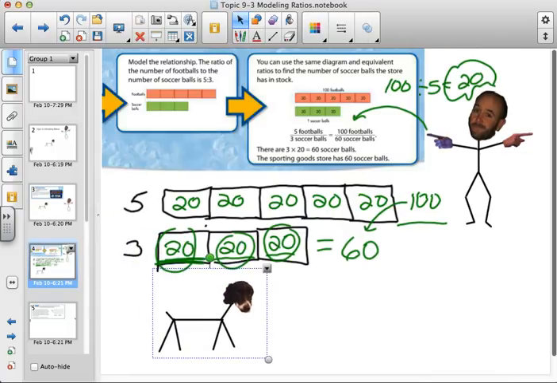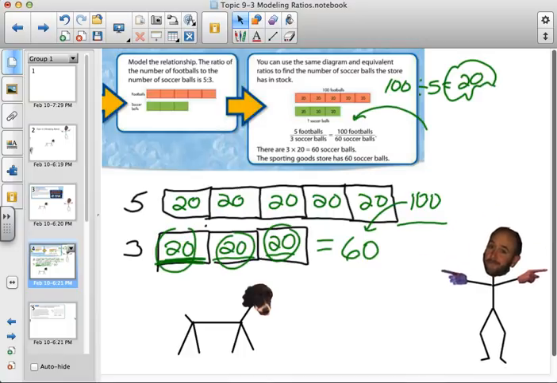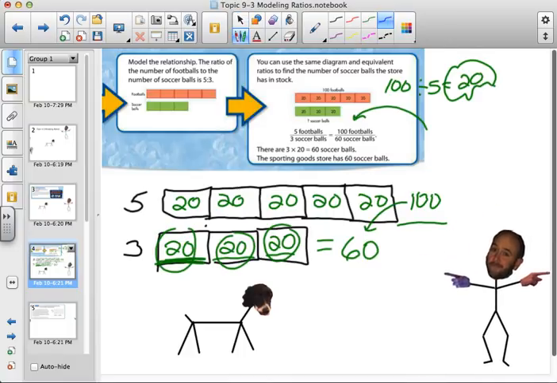Woof! You're right, Patty. We could do it mathematically as well. In other words, we could take 5 to 3 and set up equivalent fractions such as this, or equivalent relations. So we know that 5 times 20 would give us 100, and 3 times 20 would give us 60.